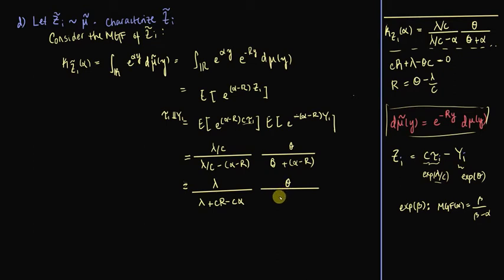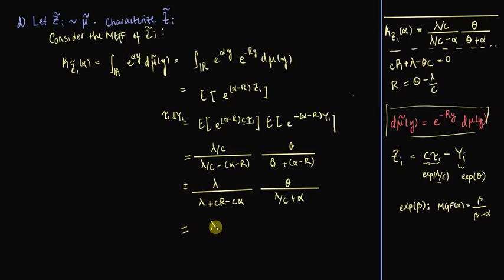So the theta and the minus theta cancel, and then you just have lambda divided by c plus alpha in the denominator. And from part of the calculations in the previous exercise, we see that cr plus lambda is equal to theta c.